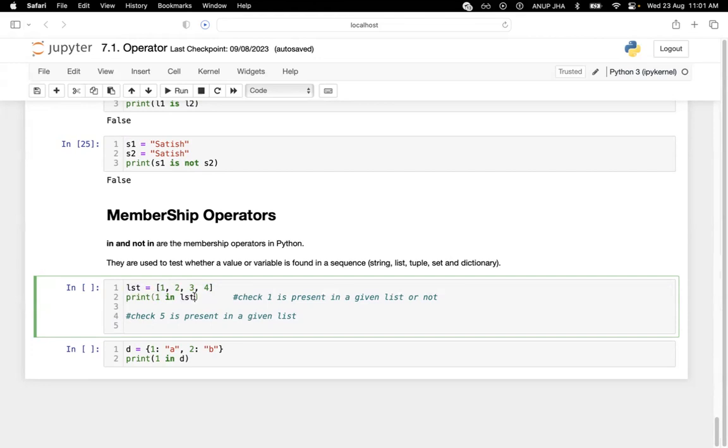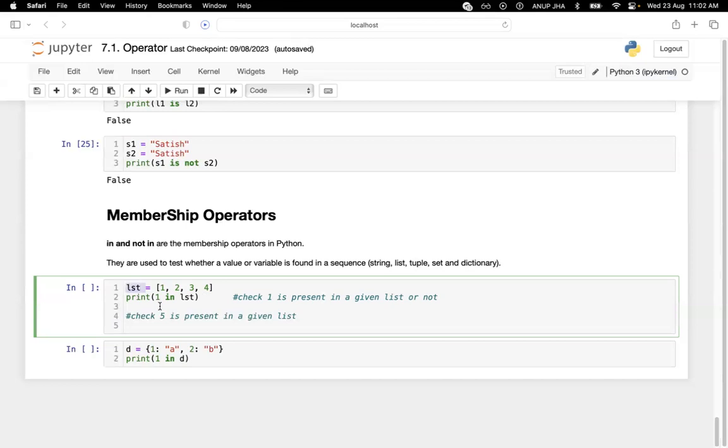Fine. This is the list, and if I'm printing 1 in LST, what does it mean?